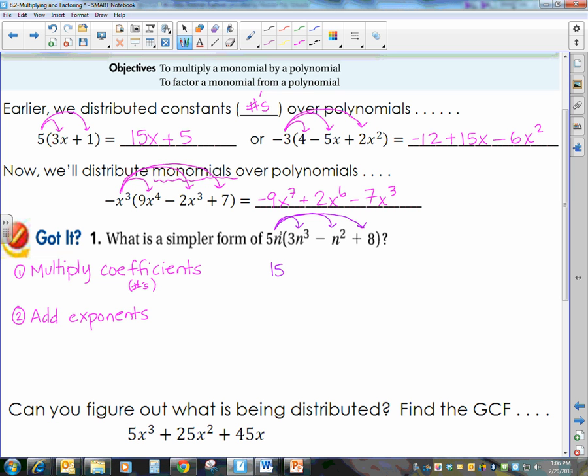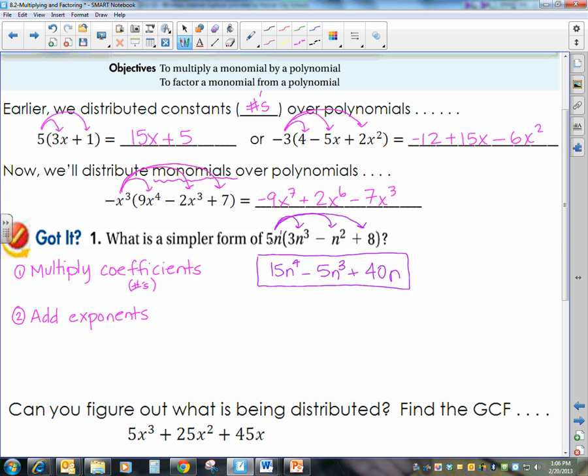We don't have to write it, but there's a 1. You need to think about the fact that there's a 1 there. So if I have 1 here and 3 here, I now have 4. 5 times negative 1 is negative 5. 1n and 2n, 3n, positive 3n. And then 5 times 8 is 40, and I still have an n. So that's my answer.